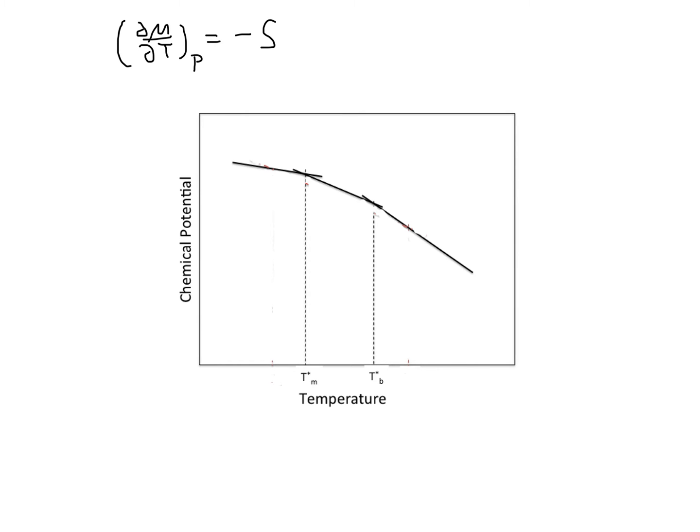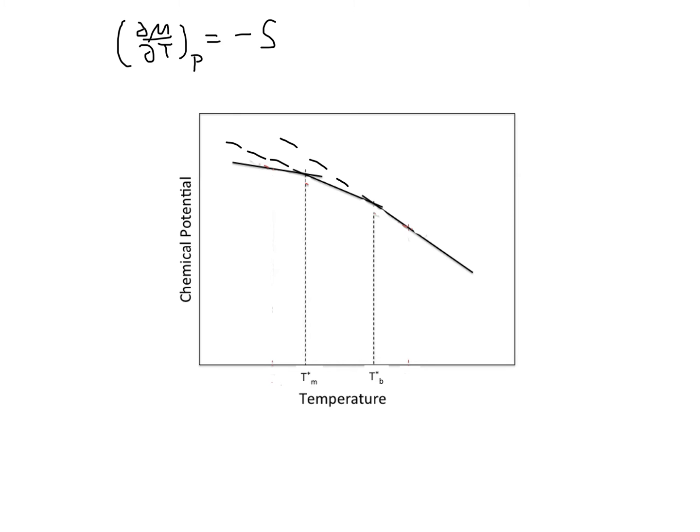Below the melting point, the substance will exist as a solid. However, we can still assign a chemical potential to the liquid and to the gas phase below the melting point. If we simply extend the liquid line and the vapor chemical potential, we can see that at temperatures below the melting point, the chemical potential of the solid is lower than the chemical potential of the gas or the liquid.